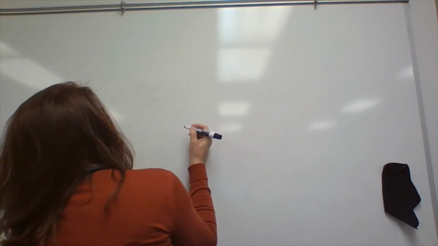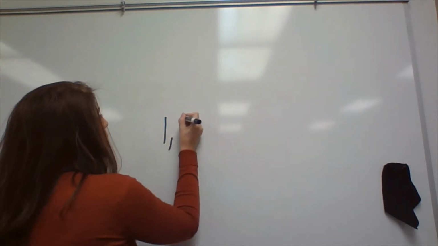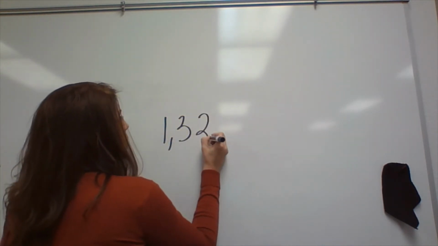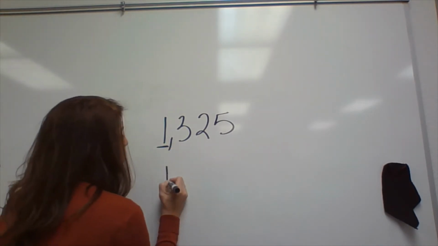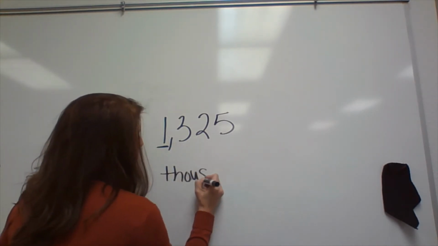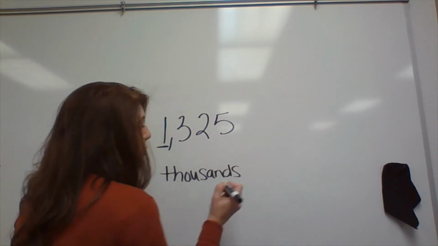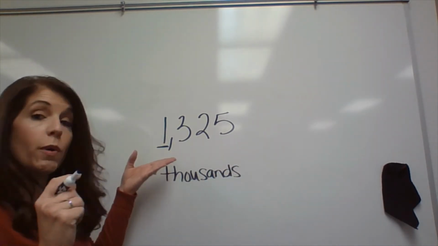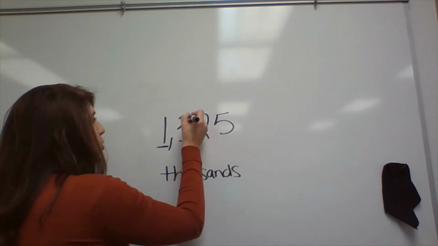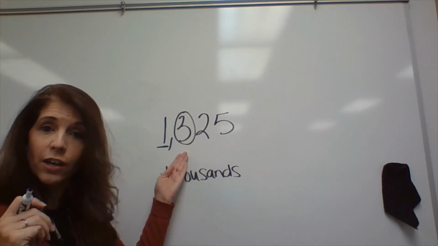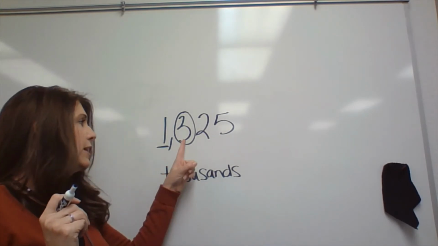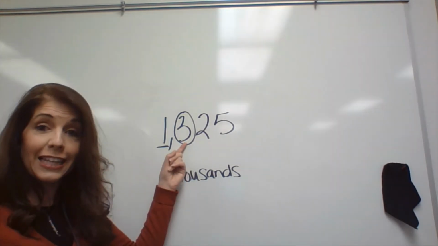Okay, so if I have the number, let's do the number 1,325, and I round this to the nearest thousands place. Okay, so I'm going to the thousands. Okay, if I'm going to the thousands place, I underline it. Remember, as soon as I underline something, I have to circle the neighbor right to the right. As soon as I circle the neighbor, I have to ask the question of it. Are you a 5 or greater? This is a 3, so it is less than 5, right?